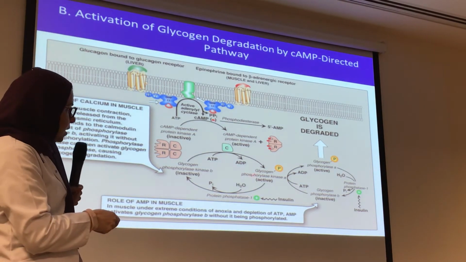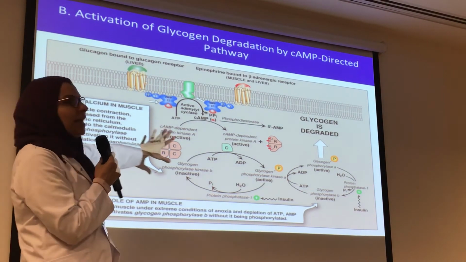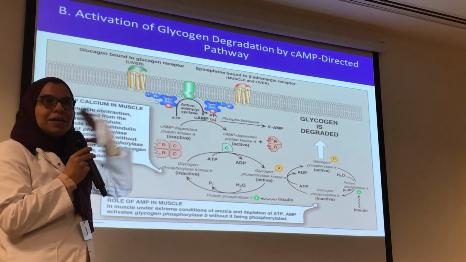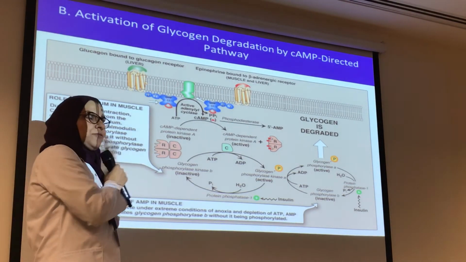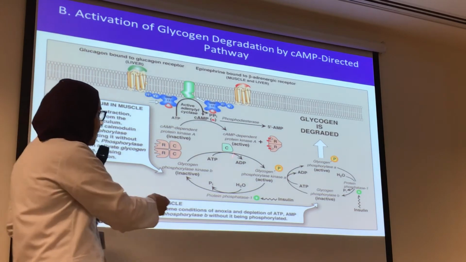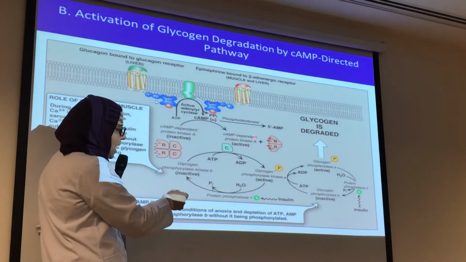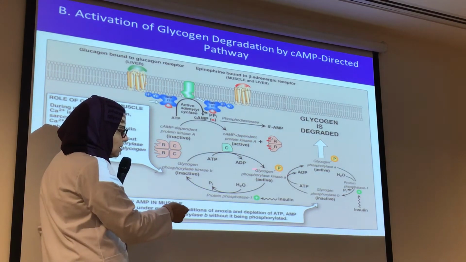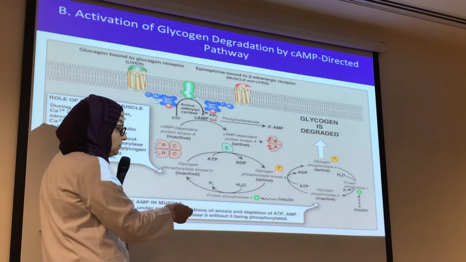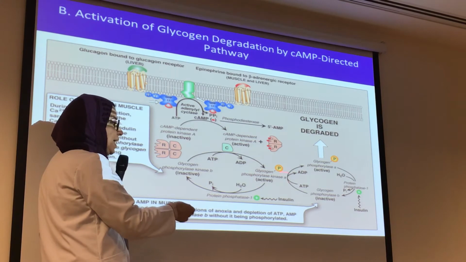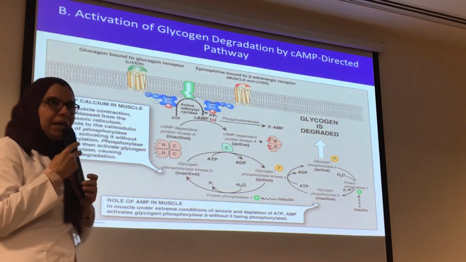Not calcium, okay? So this is different from the calcium story, okay? So this enzyme, when it's active, the protein kinase A is going to activate this enzyme. What is this enzyme? The phosphorylase kinase, okay?